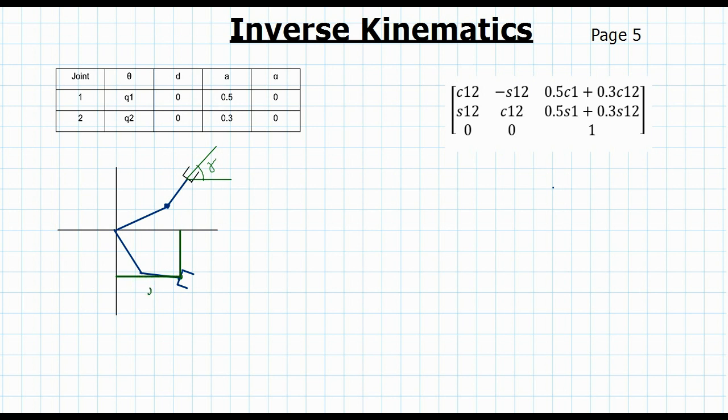I'm going to have the desired A and B as before, but now I also care about the orientation of my end effector. So the angle that the end effector makes with the horizontal is now important to me.